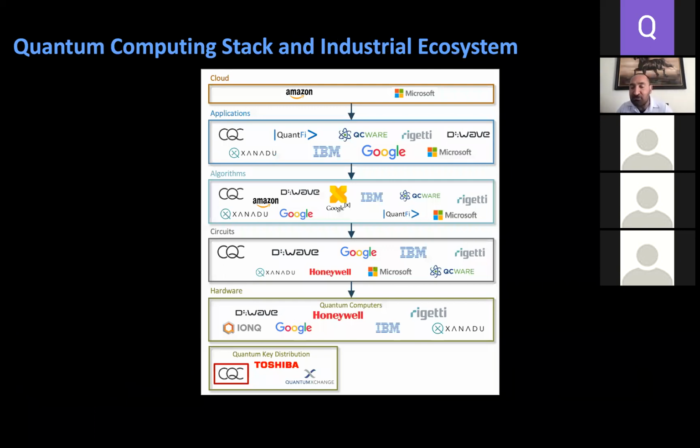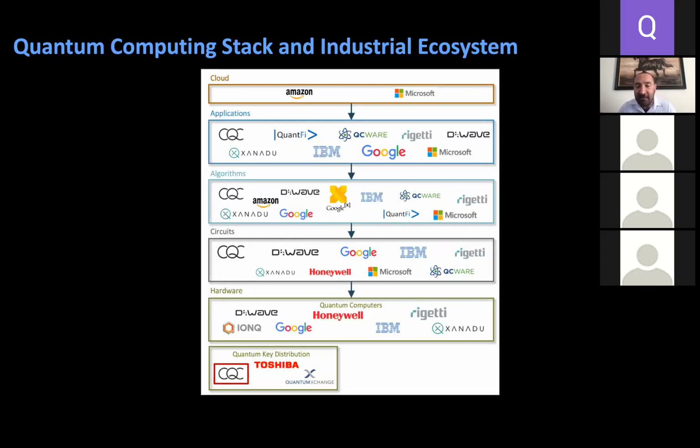Remember I mentioned before that I was going to show you an industrial ecosystem landscape for quantum computing. So if you remember the software and hardware stack that I showed you before, this is the same stack, but with vendors, with companies. And this, by the way, is by no means complete.